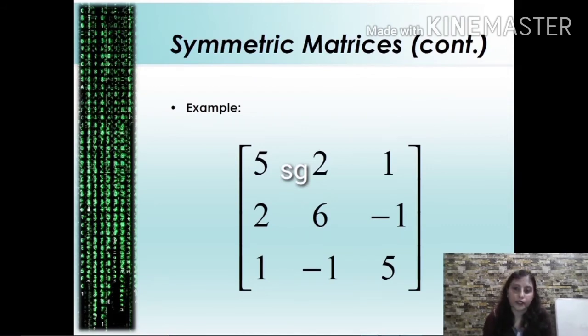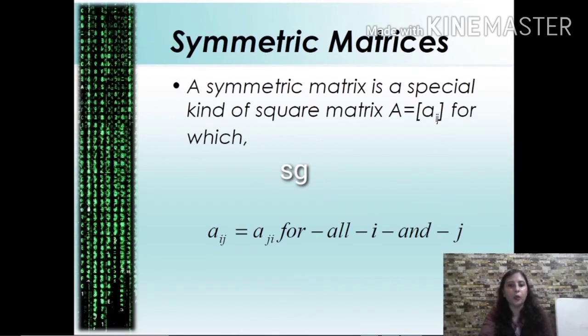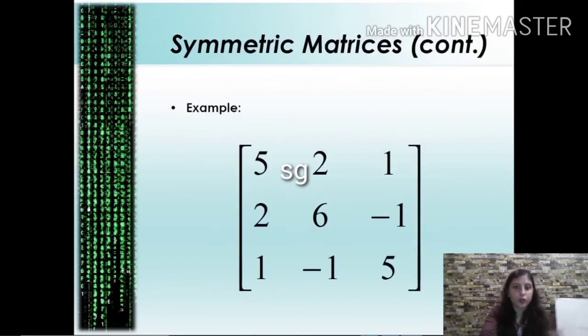How do we explain that? Please look into the example. If we consider the first element 5, it is a11, so this is a case of aii. But we are considering only aij and aji where i and j are not equal, so the principal diagonal, 5, 6 and 5, is left out. Now we come to the second element of the first row.